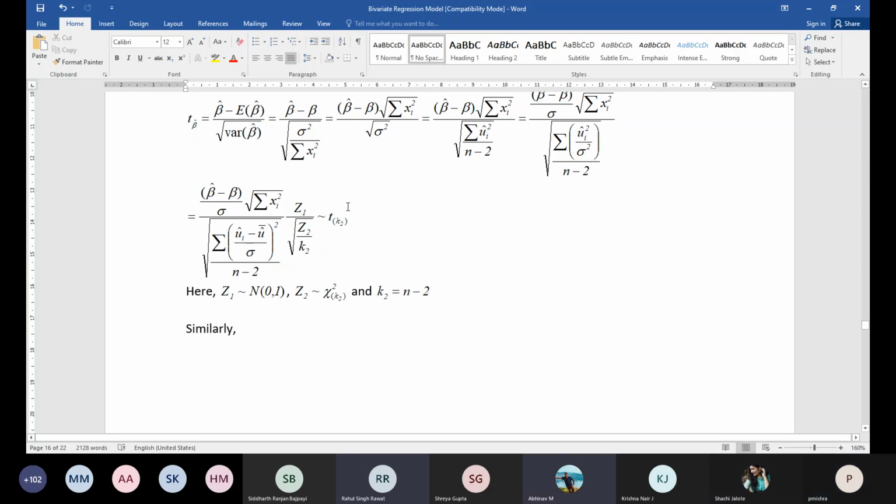But what was the necessity of that u hat part there? Like, just summation of u hat i whole square also? No, I just wrote that for better understanding, because initially I had written this, and for some of you, maybe it was not clear. That's why I have written it clearly, an alternative way of writing. Initially, I didn't write this step.